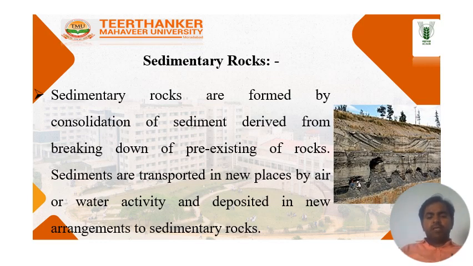Now come to the sedimentary rocks. On the first day, I taught you about the rock cycle, and in that portion I already discussed how sedimentary rocks are formed. After the molten magma cools and crystallizes, it forms igneous rocks, and after that, through different processes, the igneous rocks are converted into sedimentary rocks.